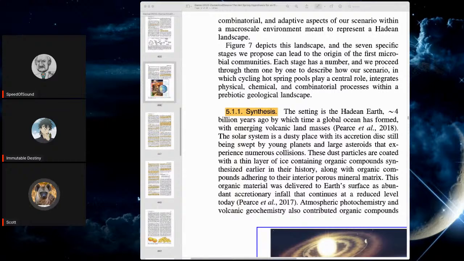These dust particles are coated with a thin layer of ice containing organic compounds synthesized earlier in their history, along with organic compounds adhering to their interior porous mineral matrix. This organic material was delivered to Earth's surface as an abundant accretionary infall that continues at a reduced level today.